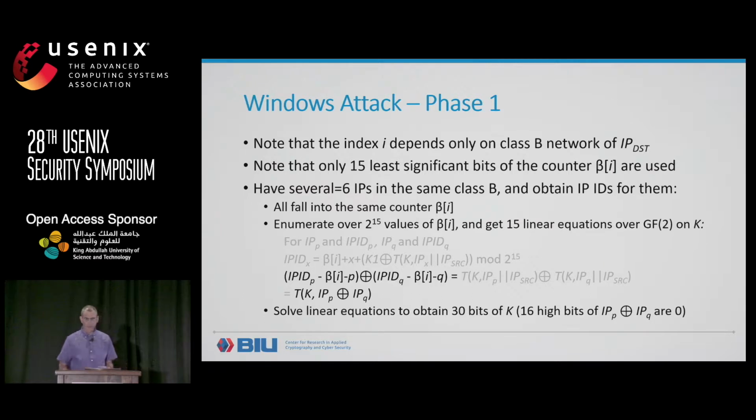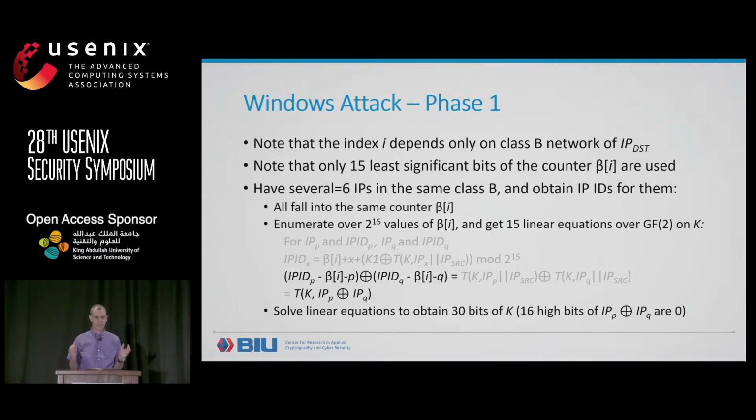And doing some crypto math here, we get to the situation wherein at the left-hand side we have a quantity that we can calculate because we guess the beta of I, those 15 bits that we enumerate over, and then we know the IP ID at position P, we know P, and so we can calculate the left-hand side. At the right-hand side, since we know the IP addresses, we know the exclusive OR value.